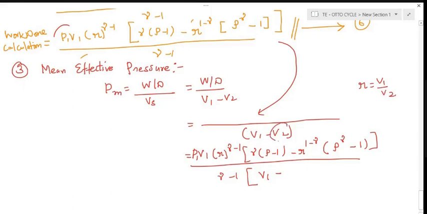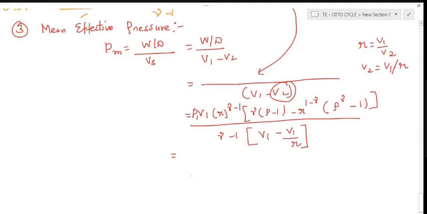So instead of V2 you can substitute V2 equal to V1 divided by R. So next step, the numerator stays the same and the denominator is gamma minus 1, right?